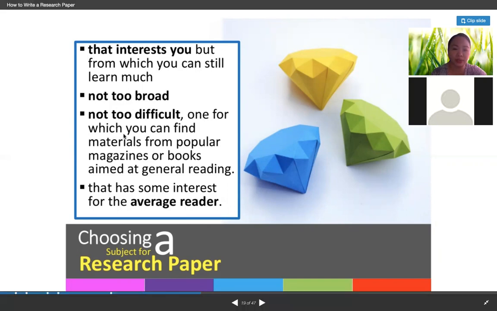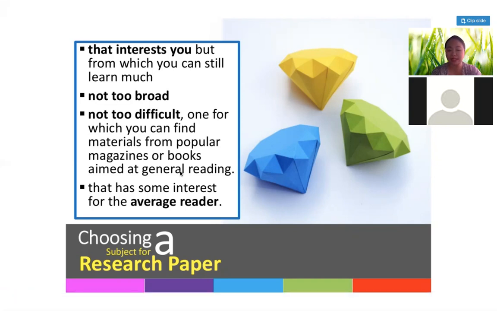And not too difficult, of which you can find materials from popular magazines or books or general readings. Since this is just a review paper for a topic, sometimes kasi like for dissertation, mag-PhD ka na, it's more difficult kasi you have to find a topic that has never been done before. No? It's an original idea talaga.